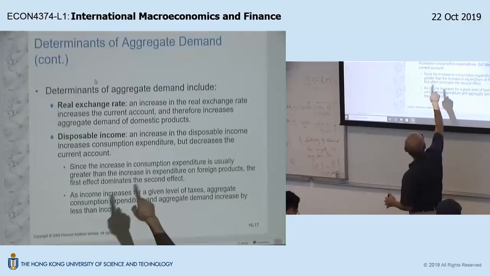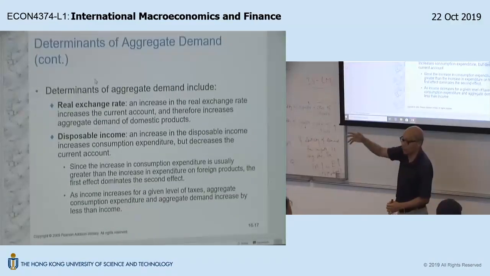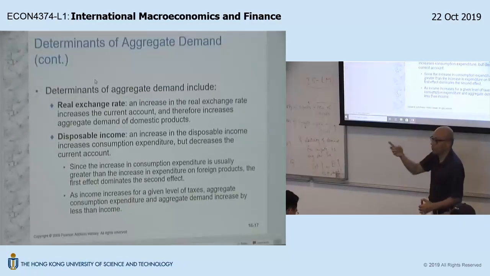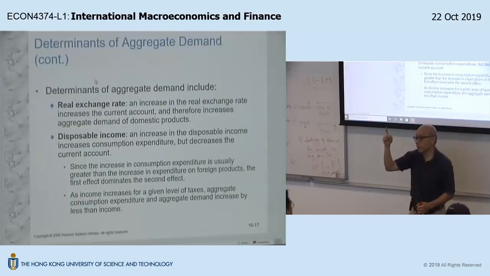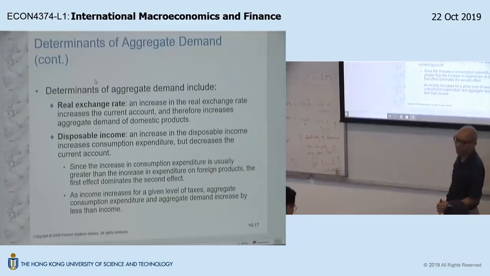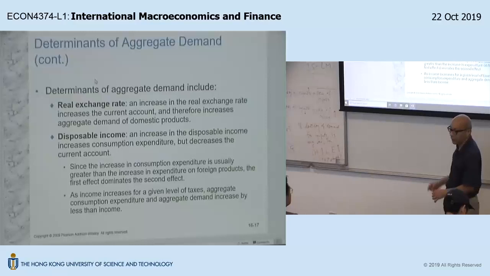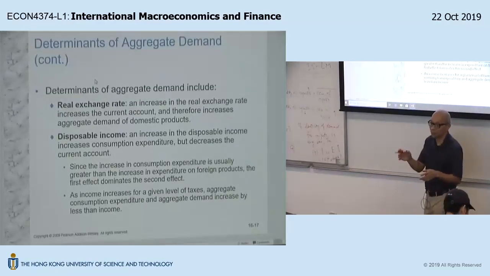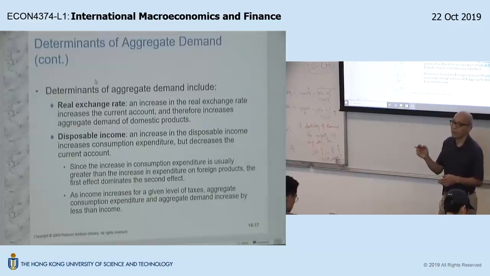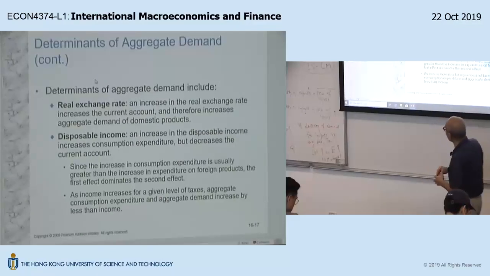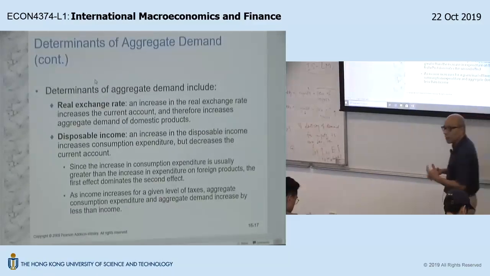The real exchange rate affects only the net exports, but disposable income affects two components: the consumption component and the current account component. But eventually you'll see that the effect on consumption will dominate the effect on the current account, because why?